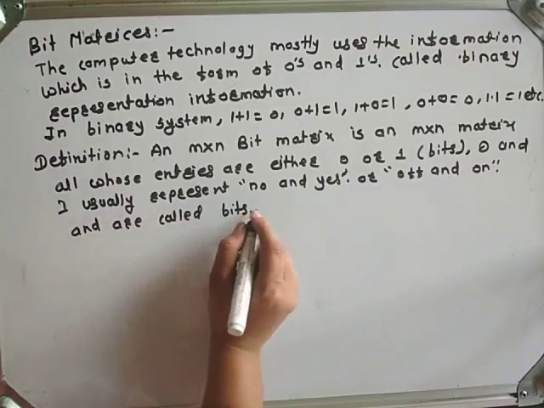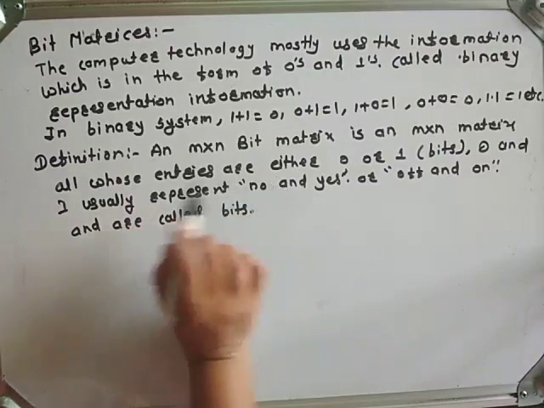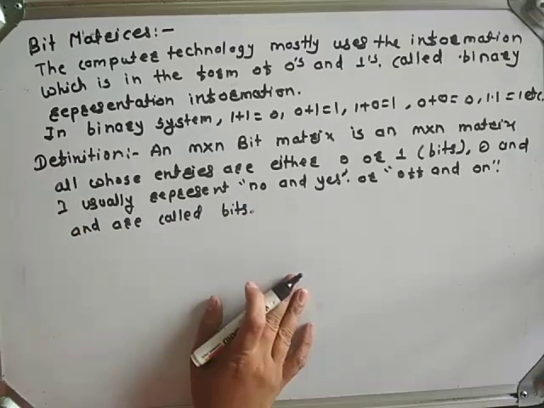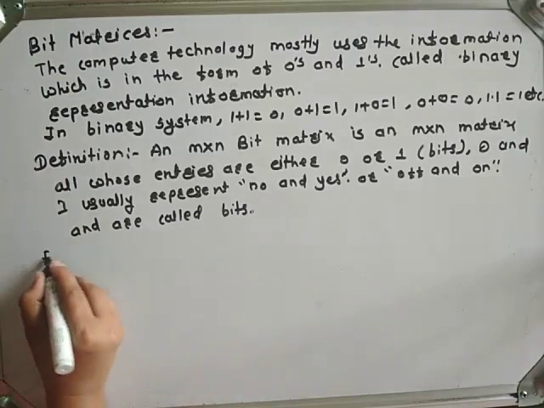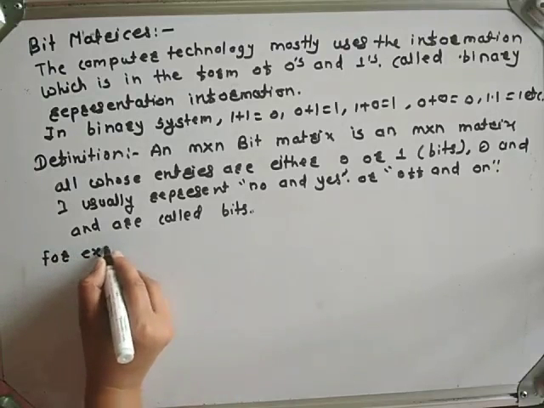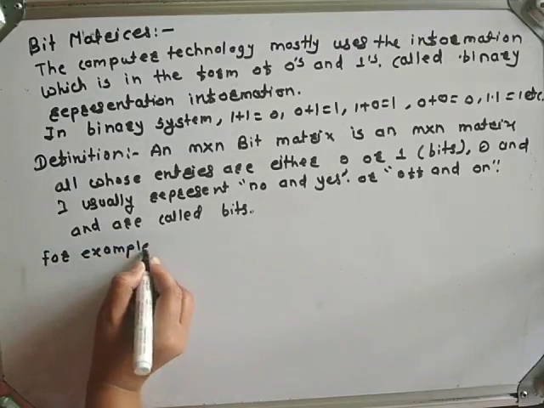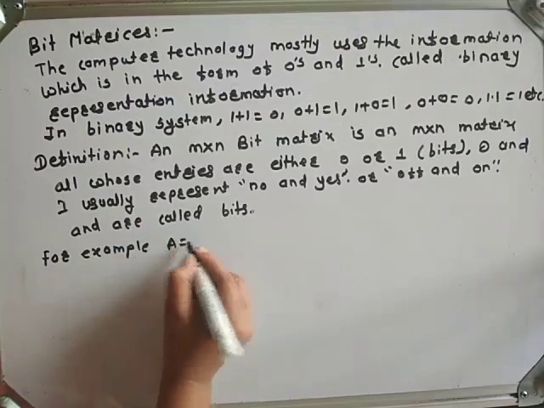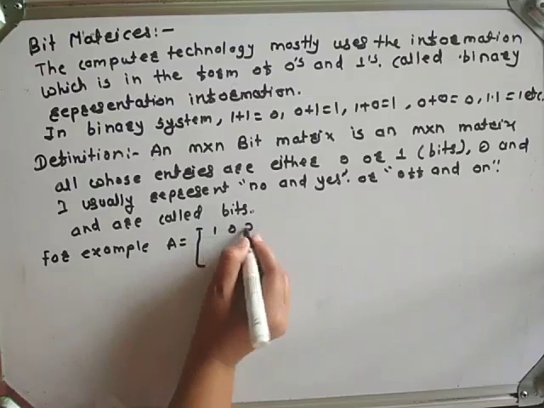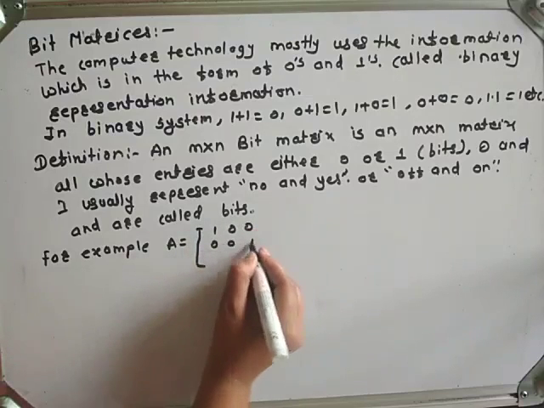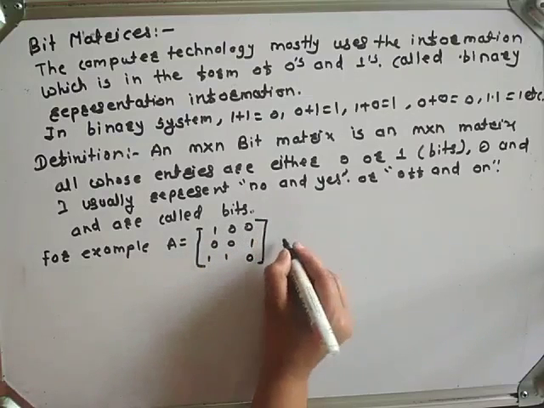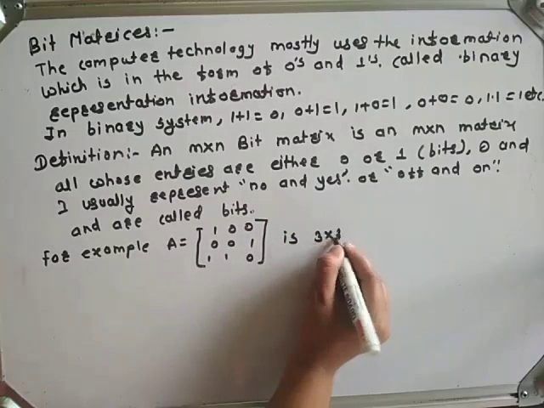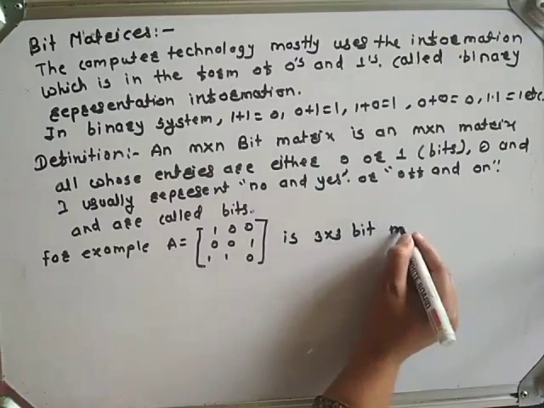See here, what is a bit matrix? A bit matrix is nothing but a matrix all of whose entries are either 0 or 1. For example, matrix A equal to 1 0 0 0 1 1 1 0 is a 3 by 3 bit matrix.